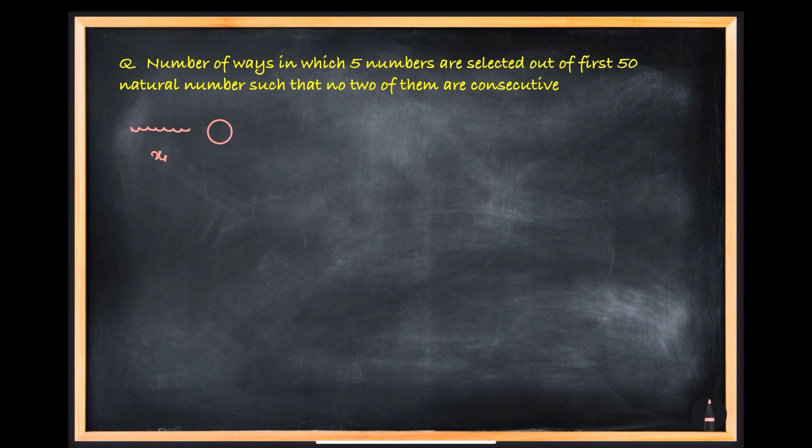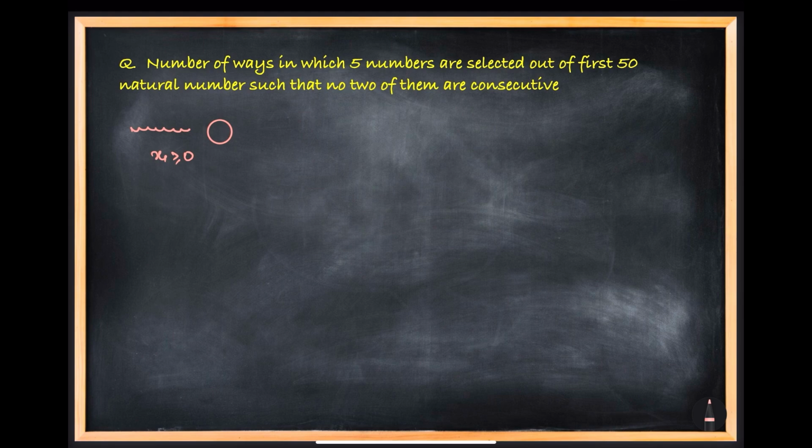You can select the first number, in that case x1 will become 0. You can select the fifth number, in that case x1 will become 4. So behind the first number, the count of numbers would be greater than or equal to 0.